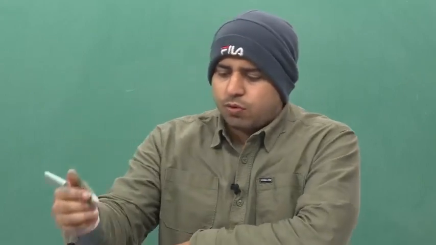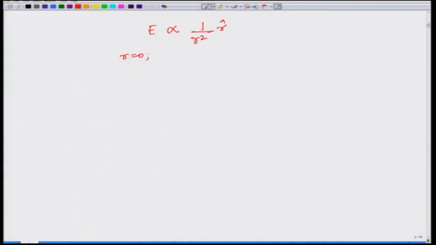To handle such ambiguity, we will define a function that is called the delta function, such that delta of x is 0 for x not equal to 0 and infinite for x equal to 0.